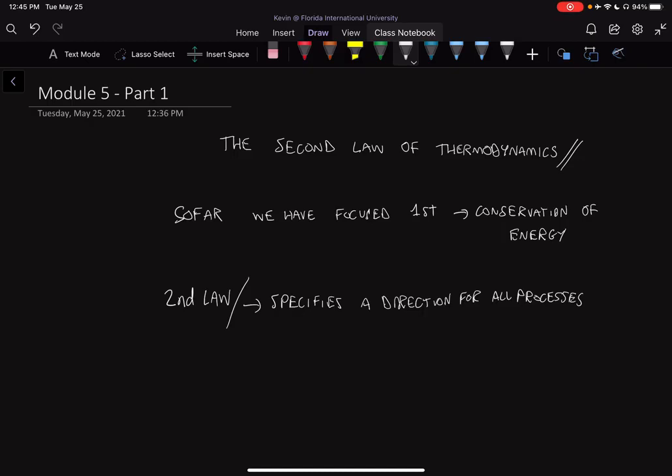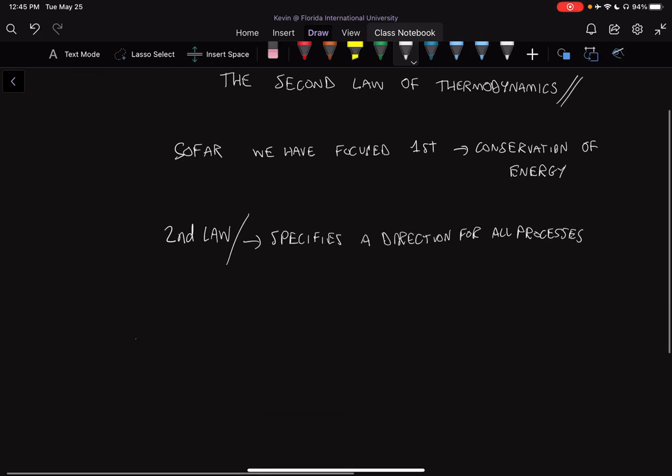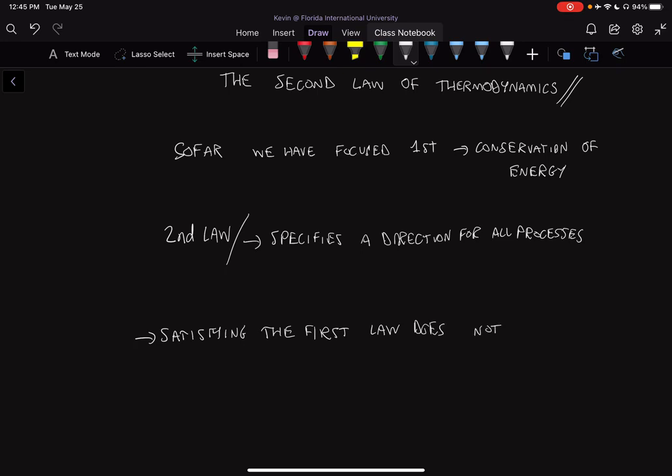But what we can say is that satisfying the first law does not mean that the actual process will take place.